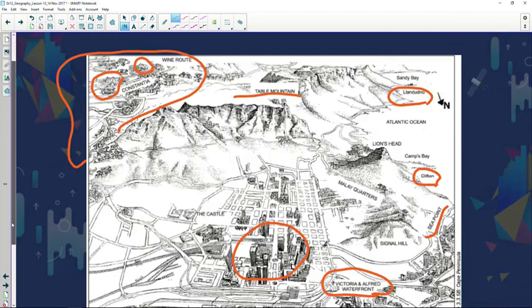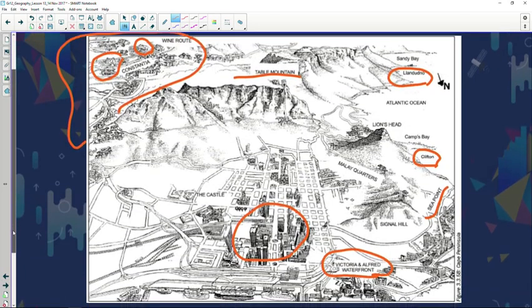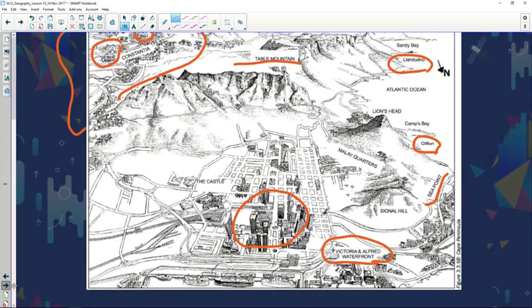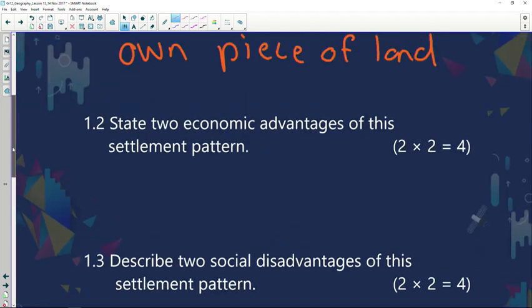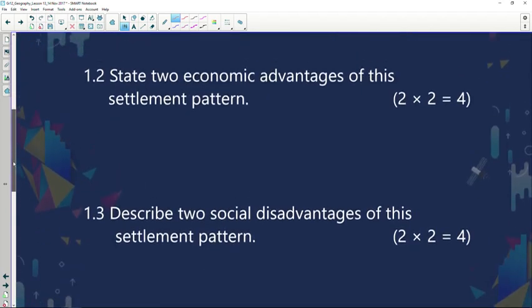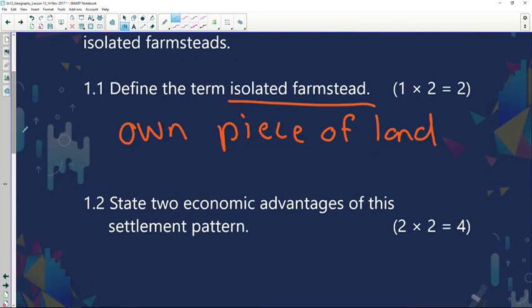Isolated means it's quite far from one another and it's on its own piece of land. So where the people live is on their own piece of land or farmland and not close to any other settlements as well. So most of these farms, when we look at isolated farmsteads, it's usually a dispersed settlement.